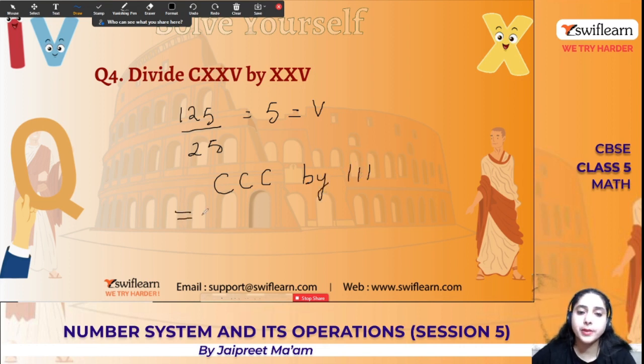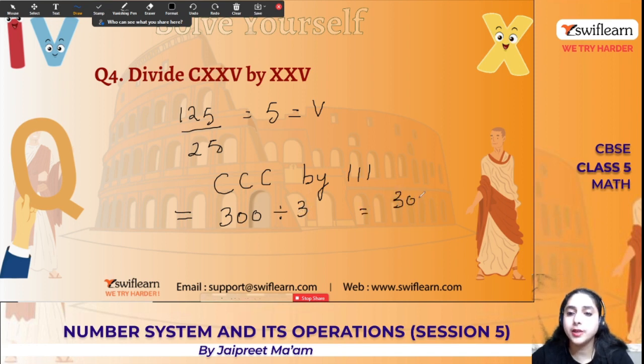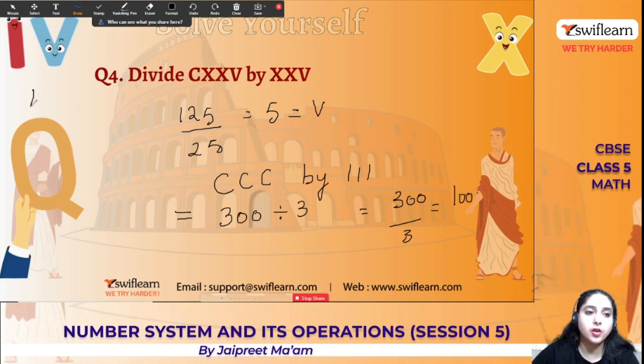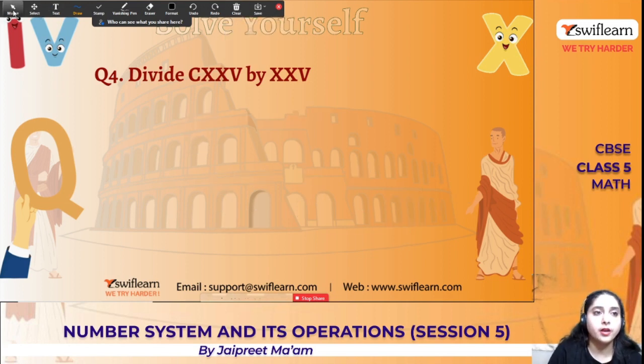So CCC means 300, divided by 3. So 300 divided by 3 is equal to 100. Now how to represent 100? We can represent 100 as C. Okay? Is it clear? Okay.